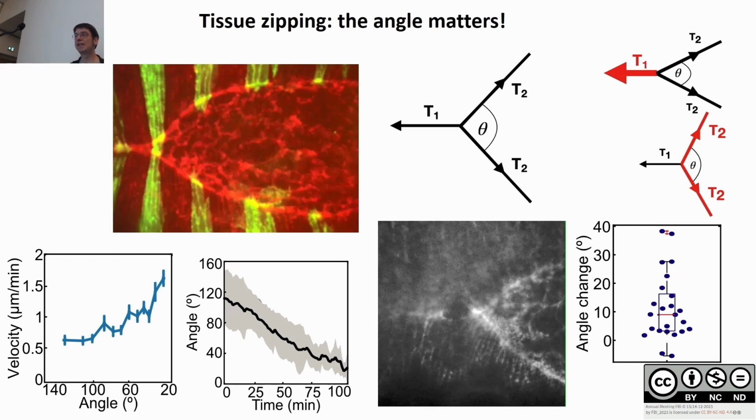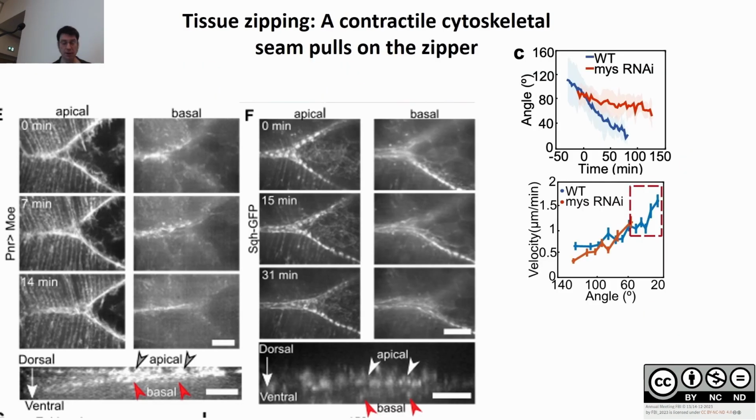So how is this tension set? To make a long story short, it's set by the usual suspects, actin and myosin, involved in this tissue that we call a SIM, that you can see here. This is myosin, it's clearer with a myosin signal, and it is reminiscent of the actin cable. Interestingly, the SIM is not only in the epidermis, but in both the epidermis and the amnioserosa underneath.